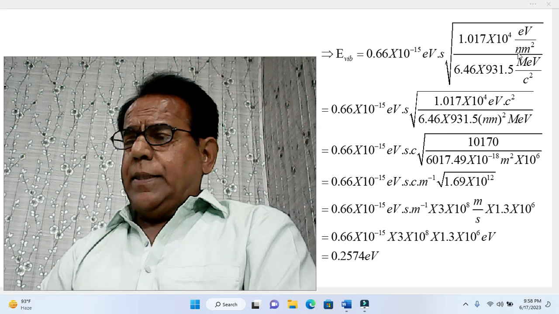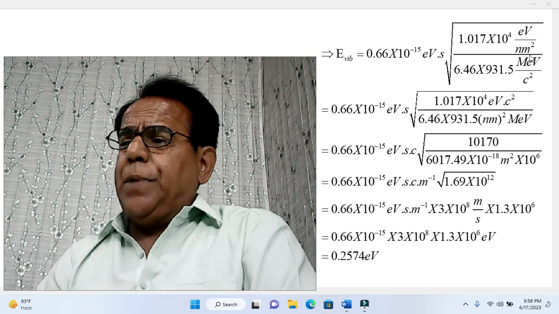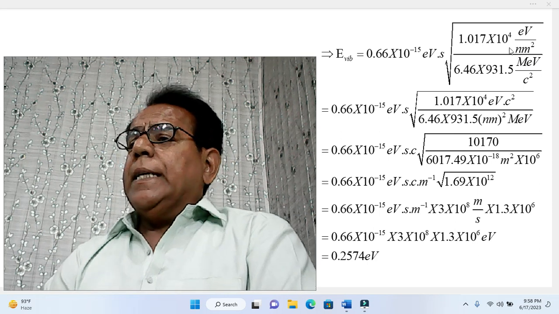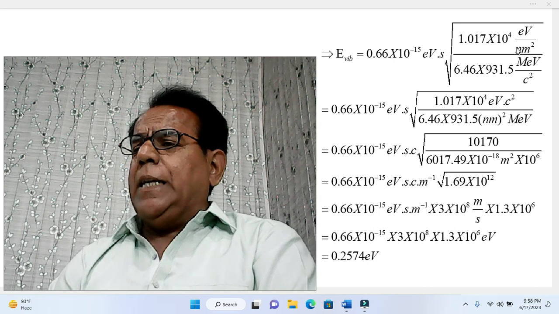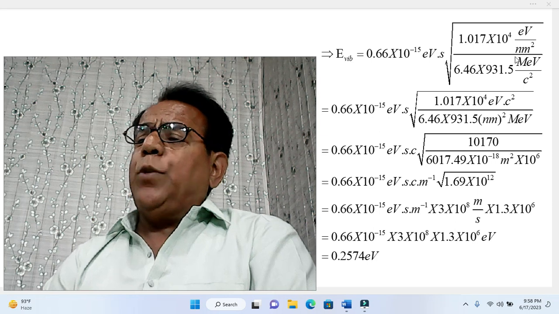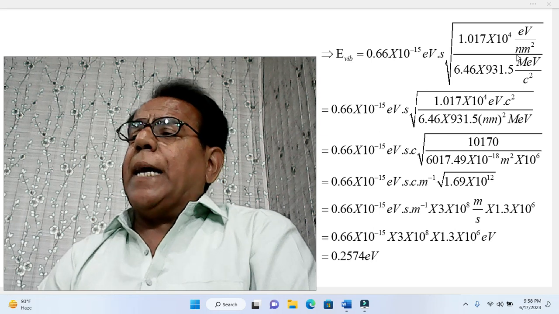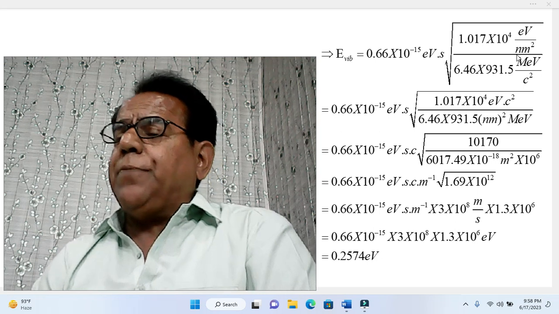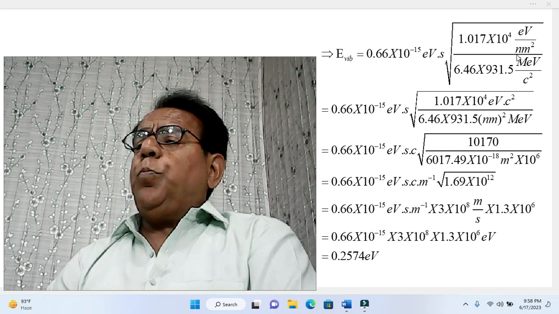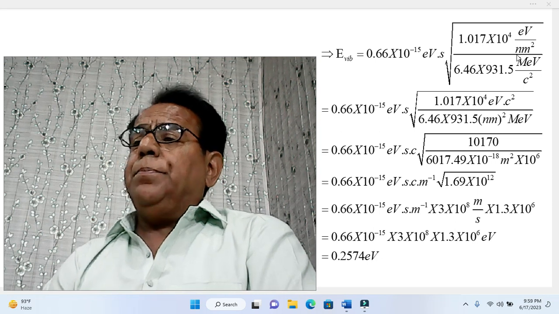Moreover, dear students, one more simplifying step involves the nanometer. We know that nano stands for 10 to power minus 9, so the square of nanometer will become 10 to power minus 18 meter square.